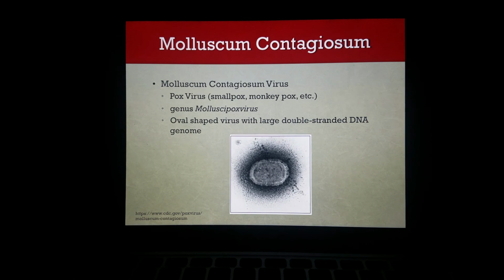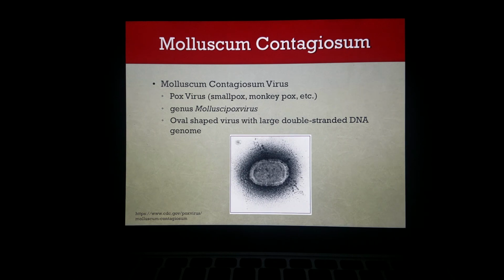So it's a pox virus, similar to smallpox, monkeypox. There are actually a ton of pox viruses: camelpox, cowpox, horsepox, raccoon pox, skunk pox, seal pox, squirrel pox, sheep pox. There's a goat pox, swine pox.